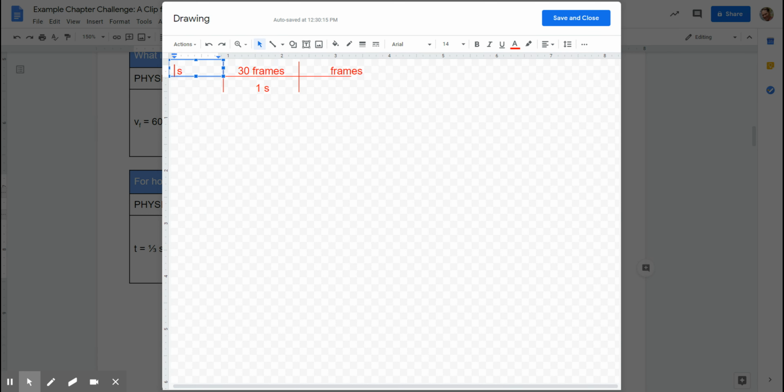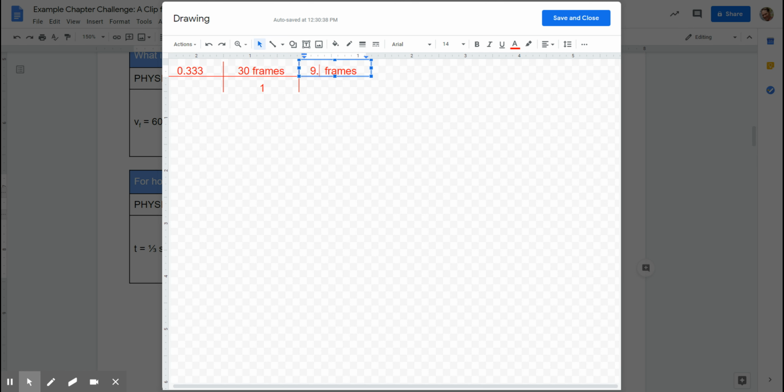So calculator speak, I've got 0.333 seconds, right? And my seconds are going to cancel, so this second on the top goes away, and this second on the bottom goes away. Now I'm left with 0.333 times 30, and 0.333 times 30 is really 9.99.